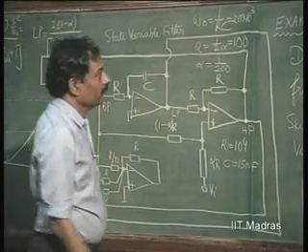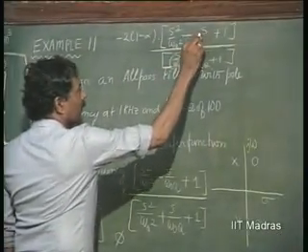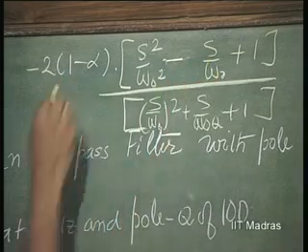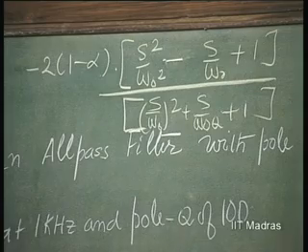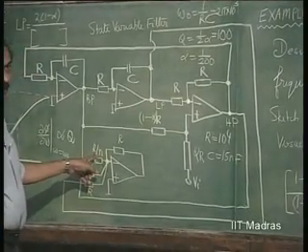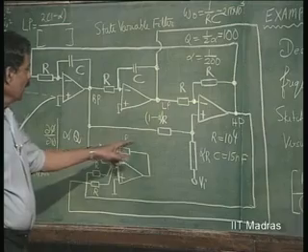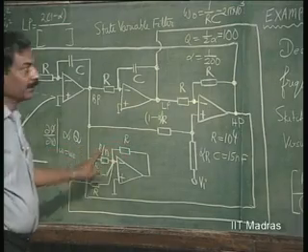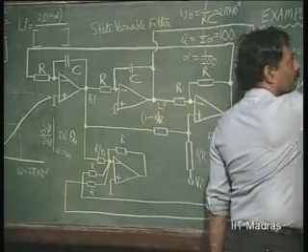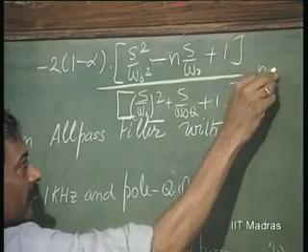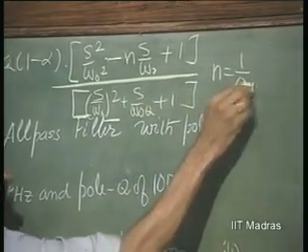So, S by omega naught comes there, 2 into 1 minus alpha has been taken out, and here the coefficient is n, R divided by R by n, that is n. So, n can be made equal to 1 over Q.